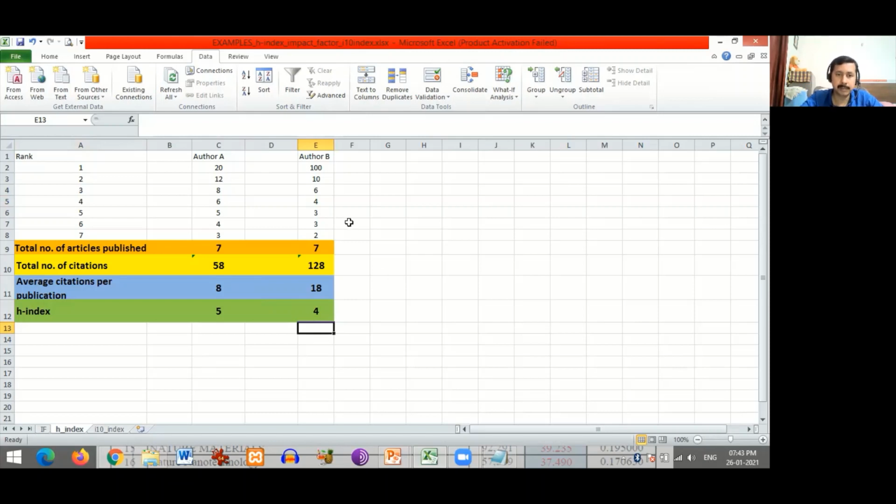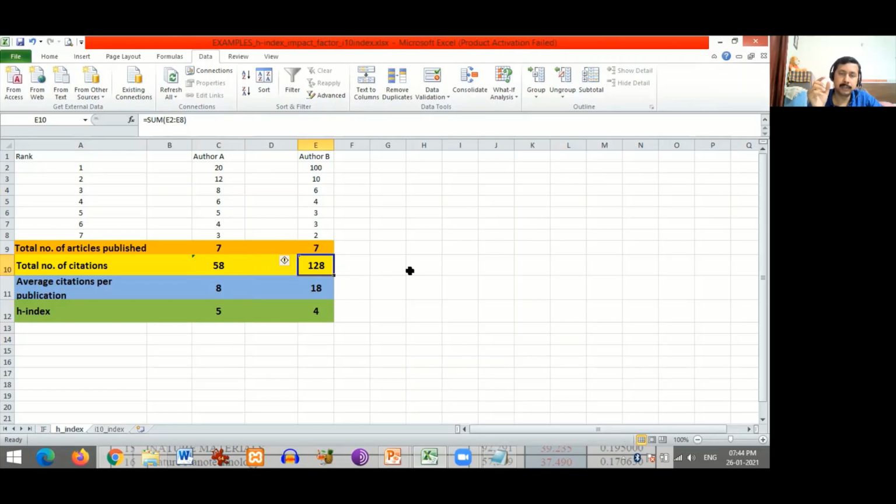You can observe here 4, 6, 10, 100. So the consistency in receiving citations is higher in case of author A, even though the total number of citations is lesser than author B. Author B has got higher number of citations only due to one article.